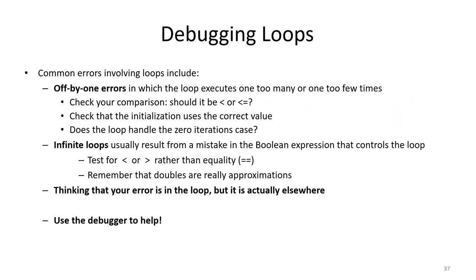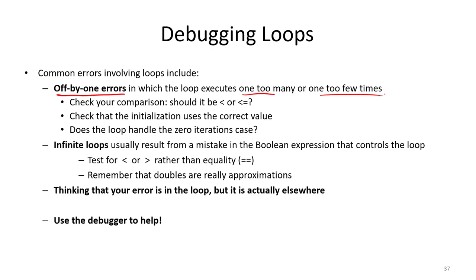Let's also talk a little bit about debugging loops. Here we have the most common types of errors we see when working with loops. The first kind of error is called an off by one error. This is when our loop runs one too many times or one too few times. Basically, we're off by one iteration.